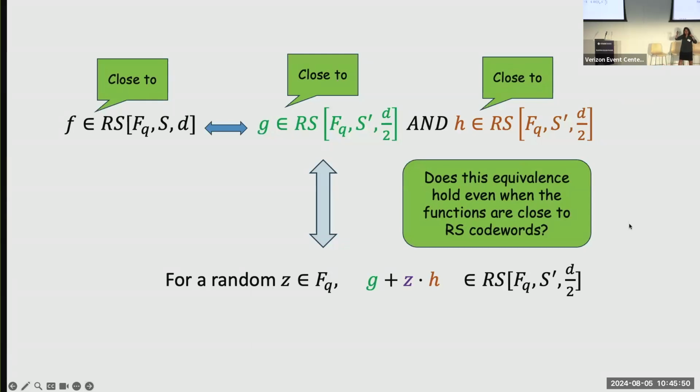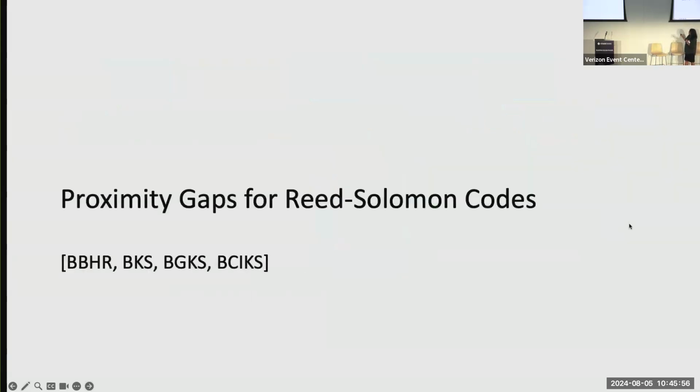That's what I want to understand, and this turns out to be a crucial ingredient in analyzing the soundness of FRI. This is the proximity gaps question for Reed-Solomon codes, and the result I will talk about is from this latest paper, BCIKS, but it builds upon a sequence of works analyzing the proximity gaps.